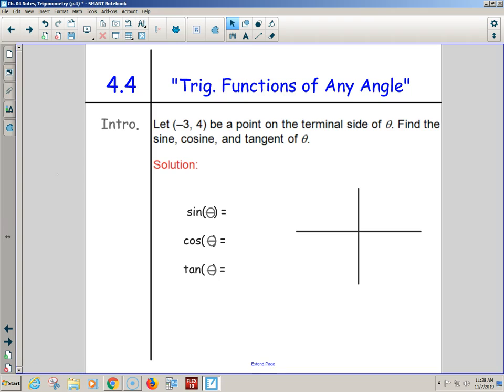Section 4.3 and 4.4 go kind of fast because they're both introduced in some ways in sections 4.1 and 4.2. Section 4.3 was like SOHCAHTOA, something we've already talked about. Section 4.4 covers trig functions, sine, cosine, tangent, cosecant, secant, cotangent of any angle.